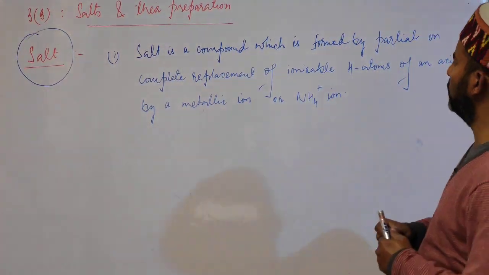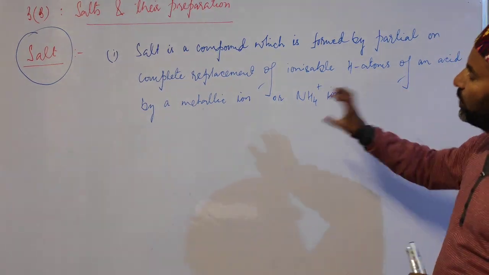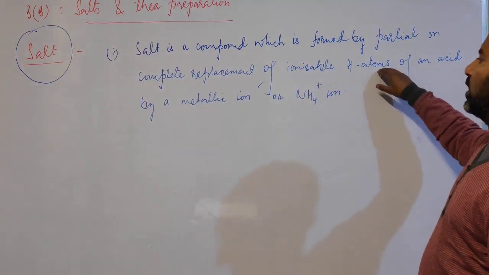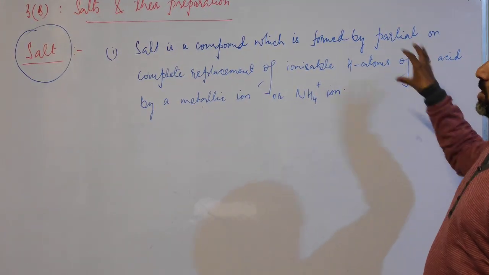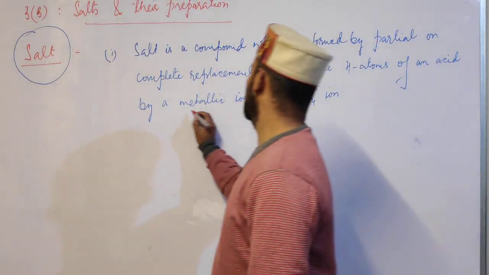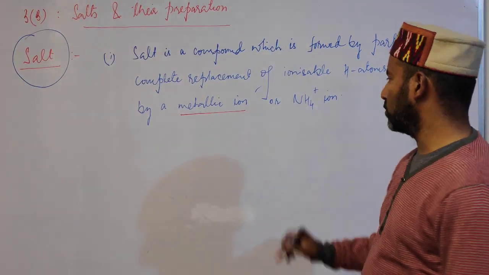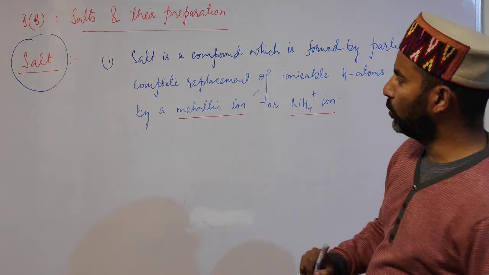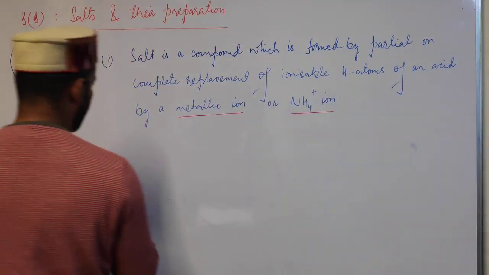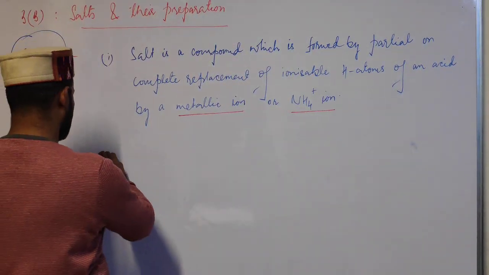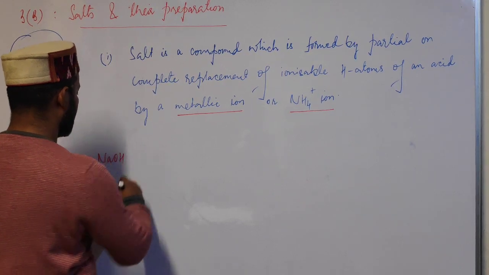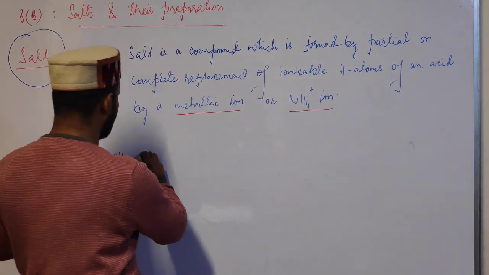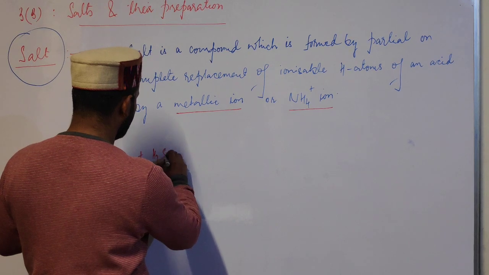So what is salt? Salt is a compound which is formed by partial or complete replacement of ionizable hydrogen atoms of an acid by a metallic ion. So who will replace the hydrogen? Either a metallic ion or an ammonium ion. Now students see, I have say a reaction. We have a base sodium hydroxide reacts with sulfuric acid.